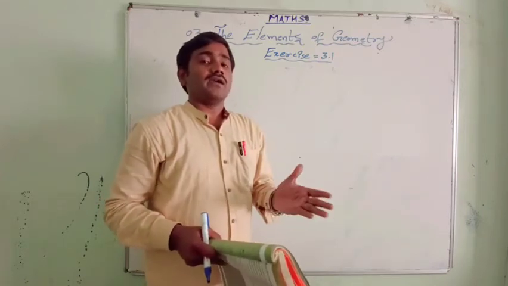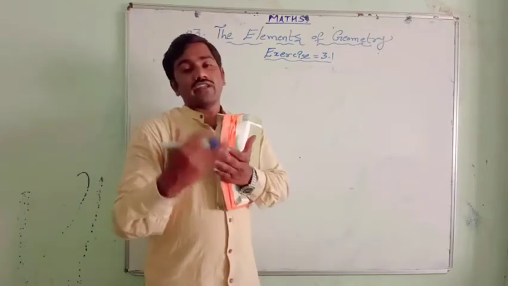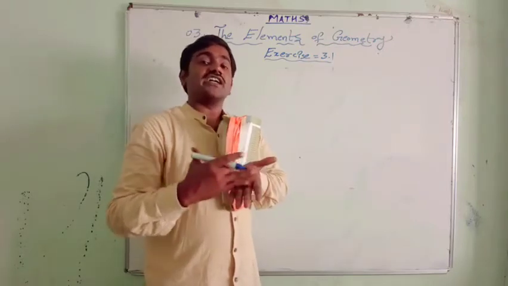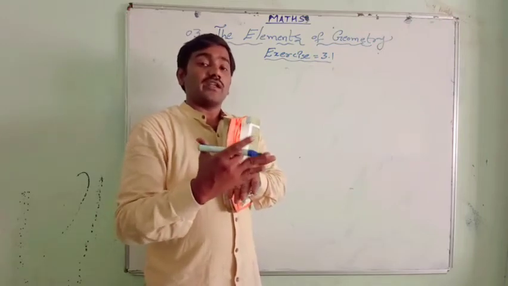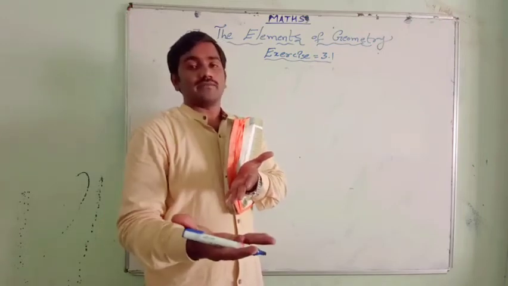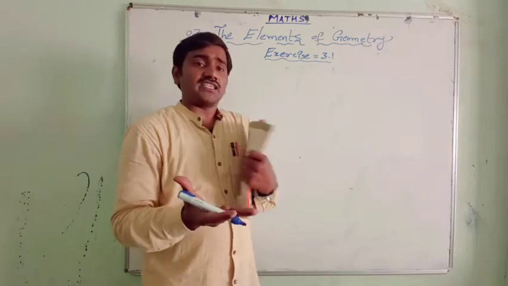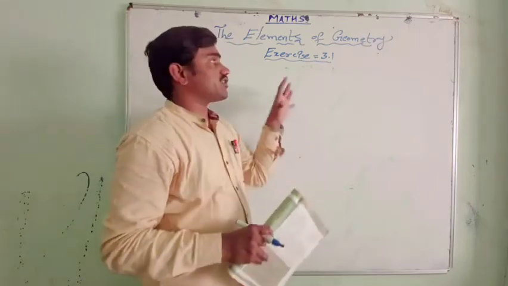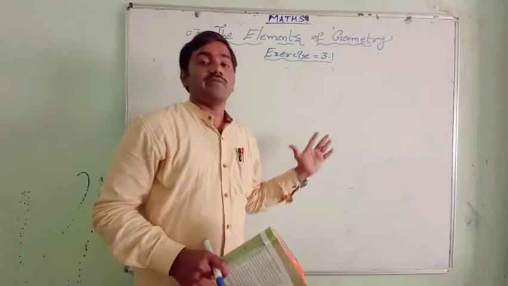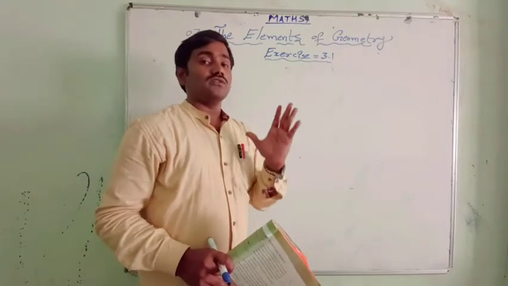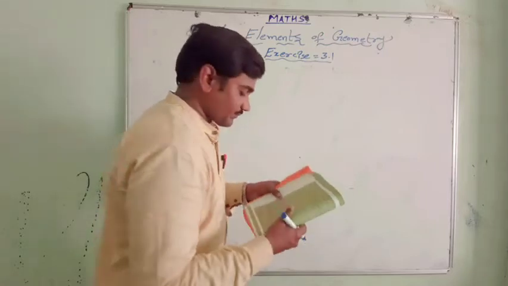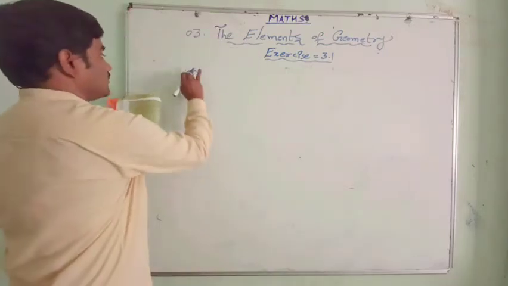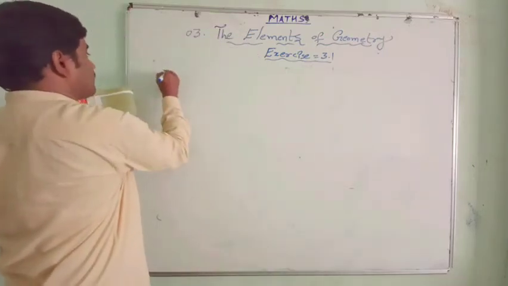For example, every even number greater than 4 can be written as the sum of 2 primes. This is the example I have given, and it is in the textbook also. I have explained conjecture clearly in my previous video, which you need to see. I will keep that video link in the description, so watch it. Then we go for the 7th question now.